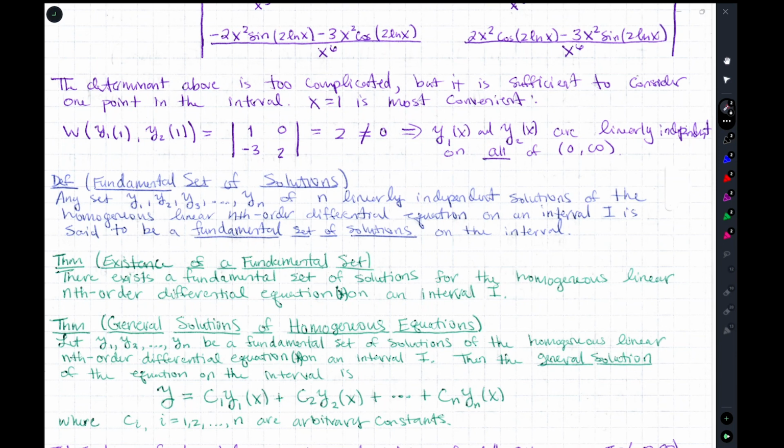Any solution after fixing the parameters you could get. So it gives you all the solutions in a sense. After fixing the parameters, you will get any particular solution you're interested in. It encompasses all of them.